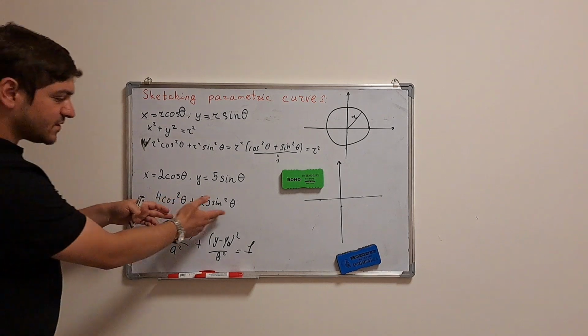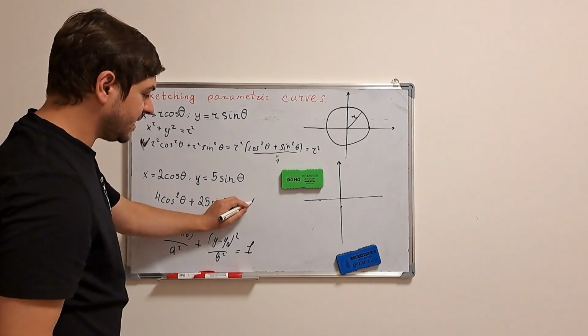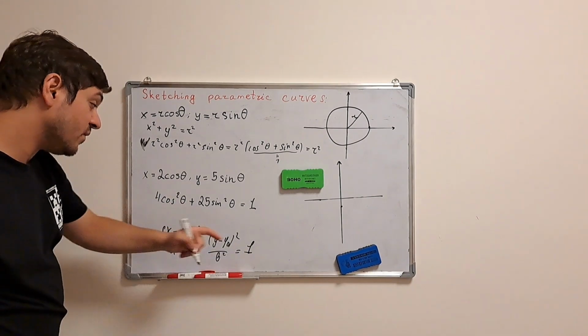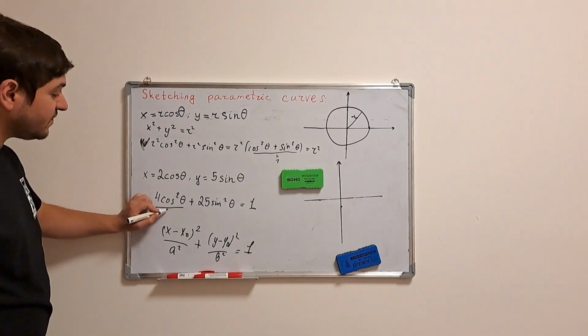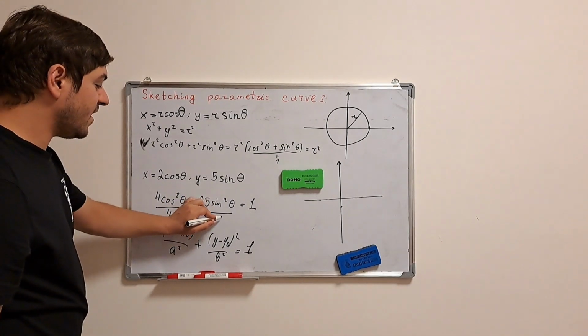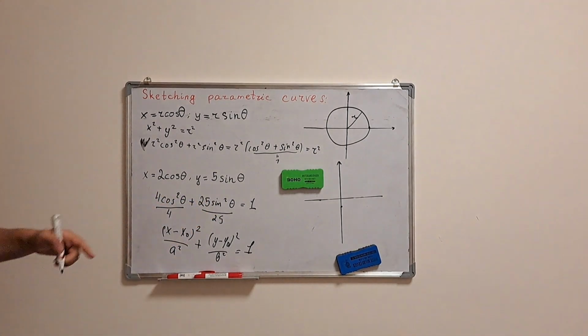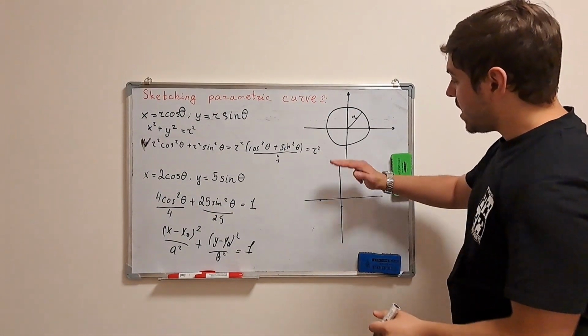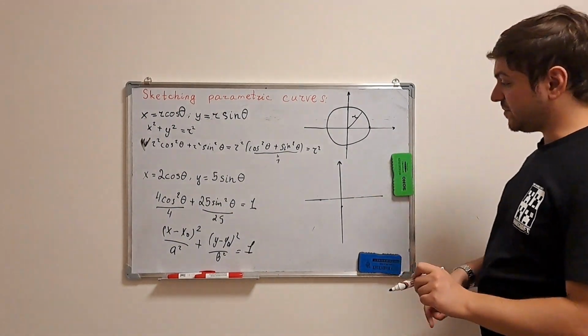So now let's transform this and let it be equal to 1. In order to do that, we will need to divide them by 4 and 25 respectively.